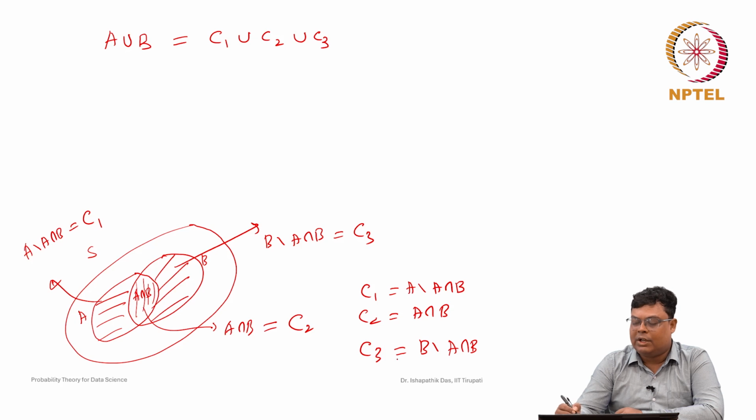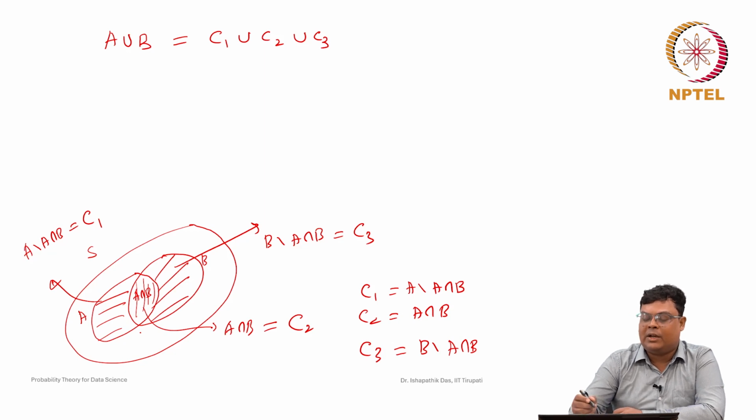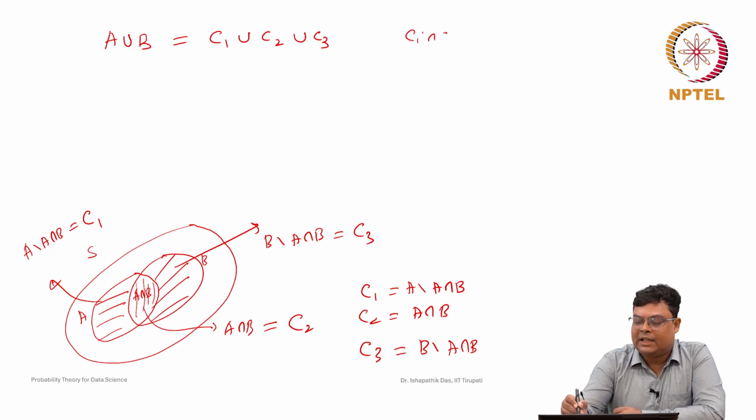Also C1 and C3 will be disjoint, because C1 contains all elements of A not in A intersection B, and C3 contains all elements of B not inside A intersection B. Also, C1 union C2 union C3 can be shown to be A union B. So, Ci intersection Cj is phi for i not equal to j.